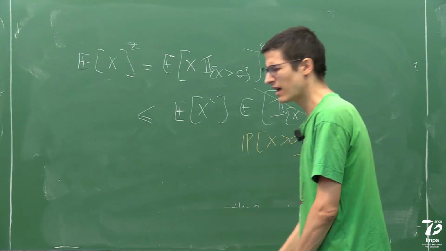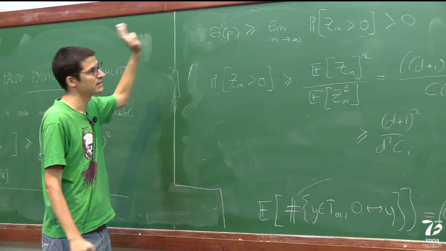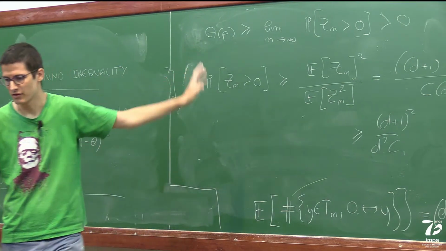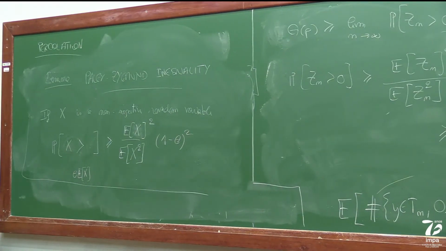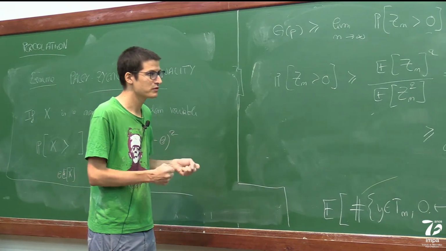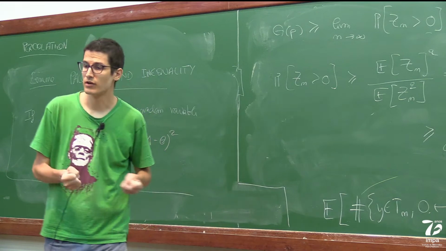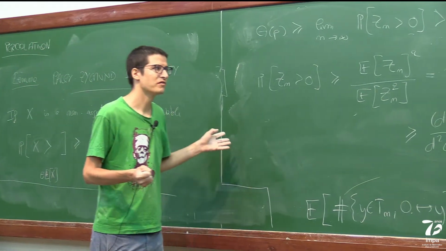The reason I wanted to present this proof is that, first, it gives you a value of theta p in a practical case, but also this technique of computing the first 2 moments of a quantity in order to deduce something about it is quite common in the field.